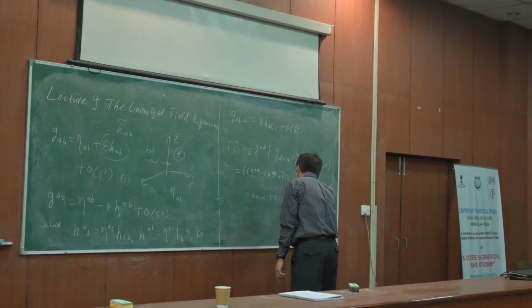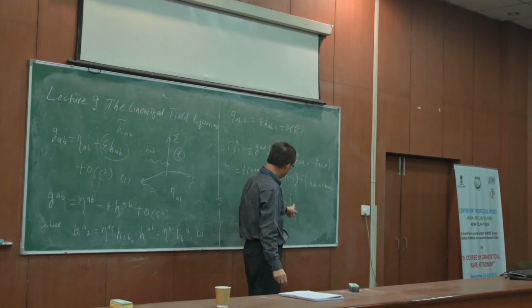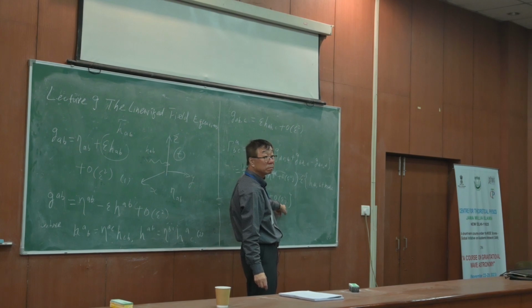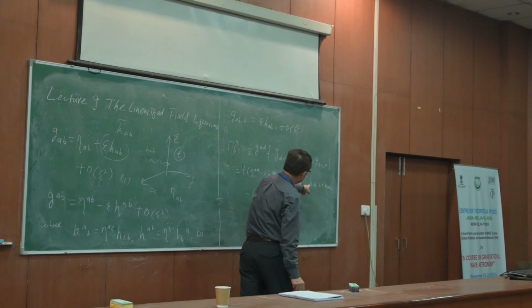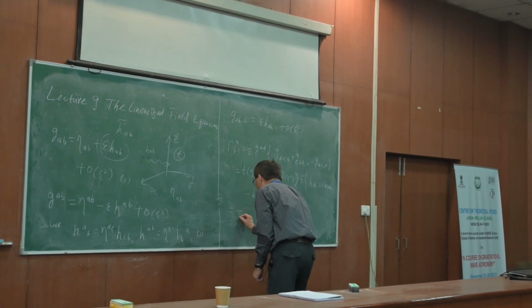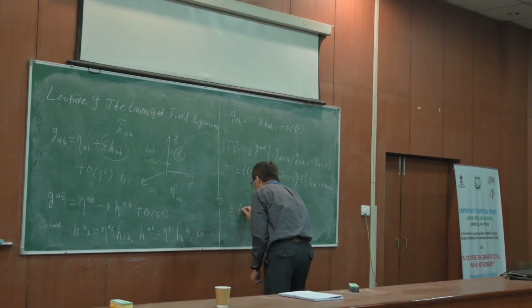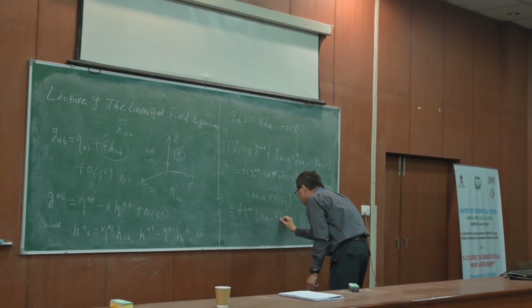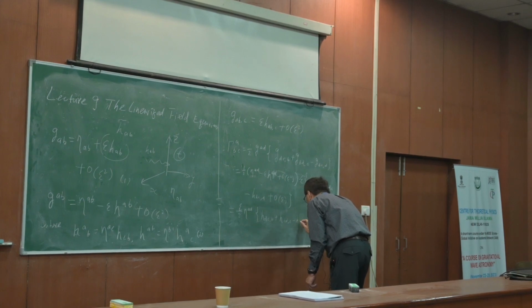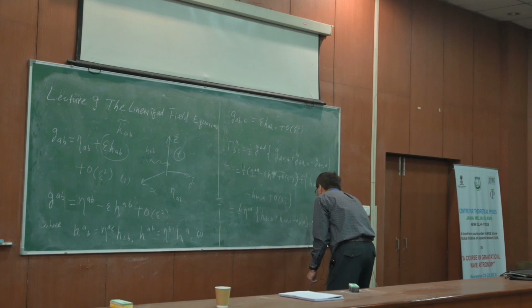Now if I take epsilon to first order, you see this guy is multiplied, so I have 1/2 epsilon eta^ad times h_dc,b plus h_bd,c minus h_bc,d plus.